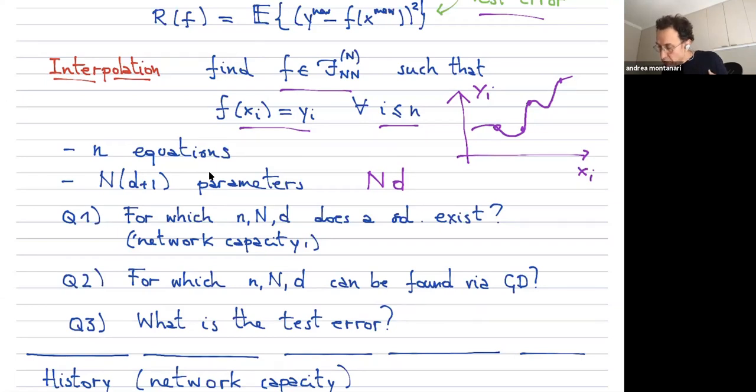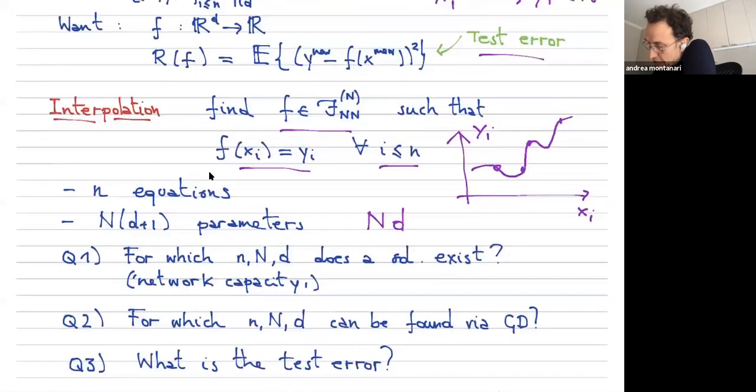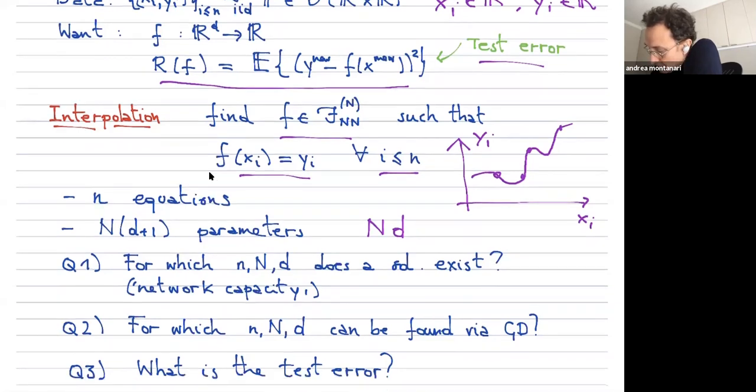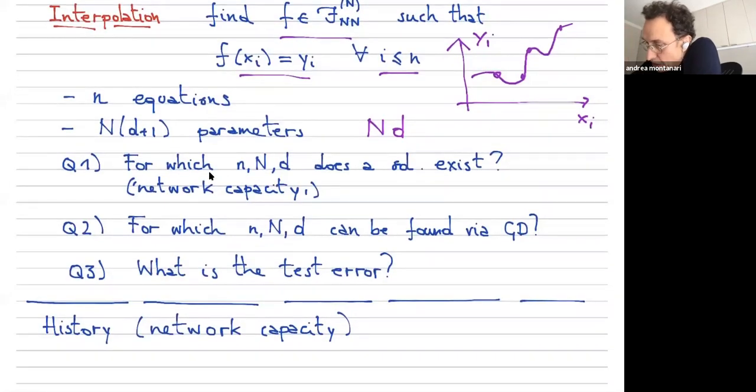And third, what is the test error? So once I substitute this interpolating solution in the test error, will it be small or large?